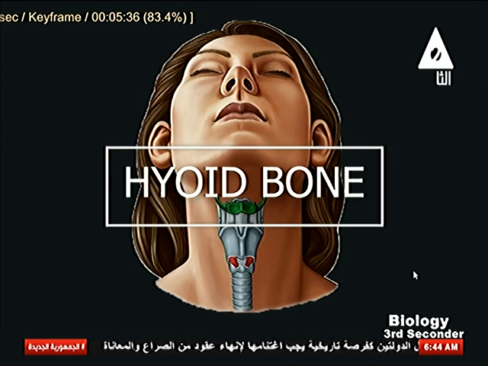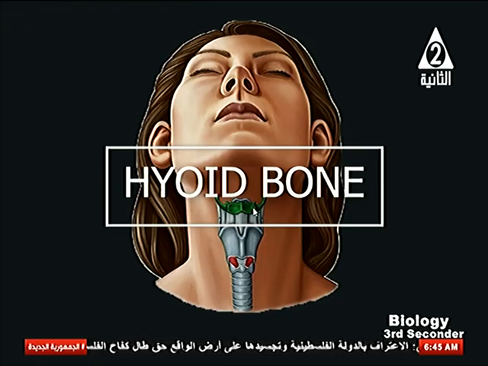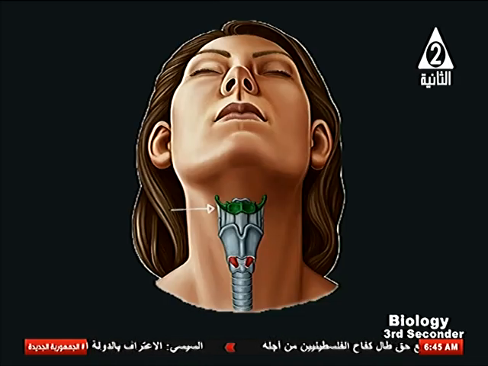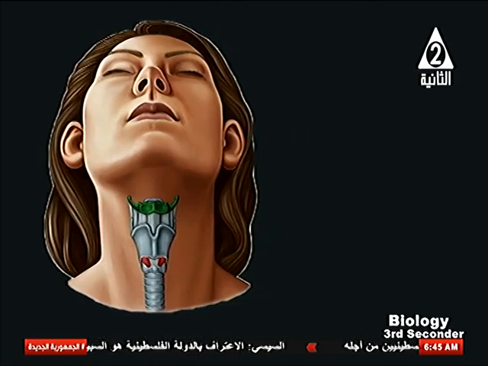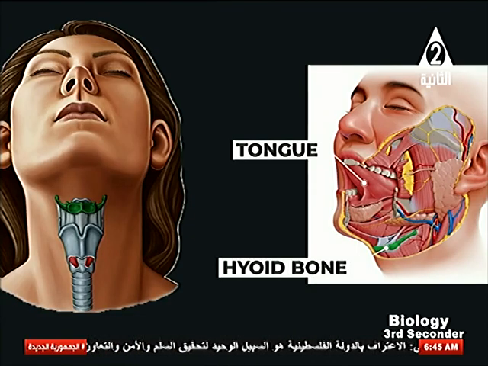Number 1 is the hyoid bone. The hyoid bone is the tongue bone located at the top of the larynx. This is the green one. This is the hyoid bone. The hyoid bone is present at the top of the larynx, as you see here.